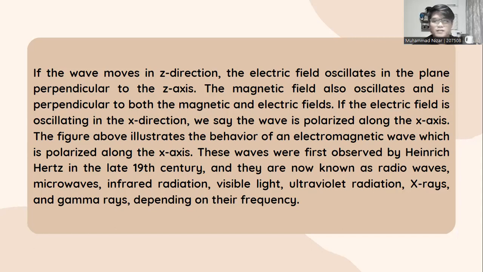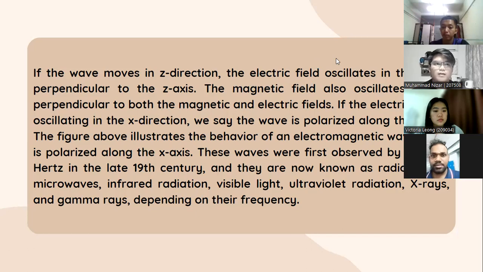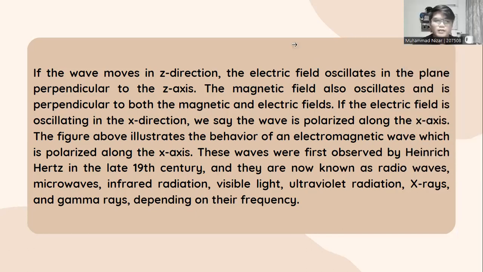So in the previous class, Dr. Amira has also shown us how these two relate in a wave behavior. So if the wave is like this, the magnetic field will go like this. Later we will discuss in the class.